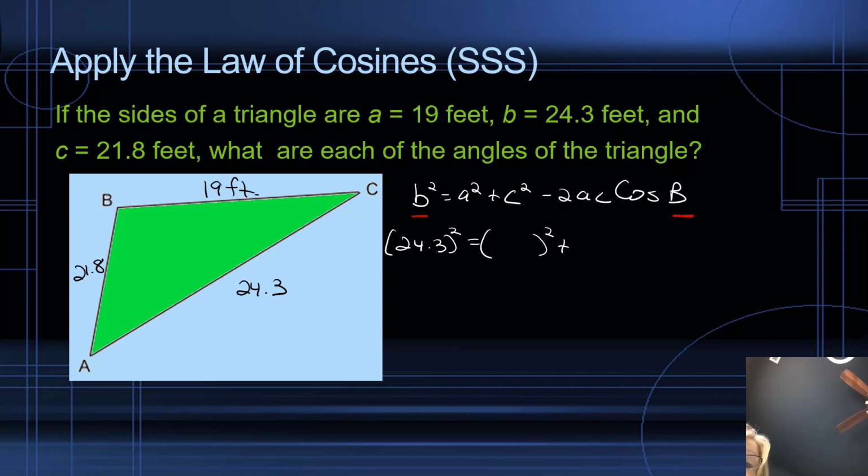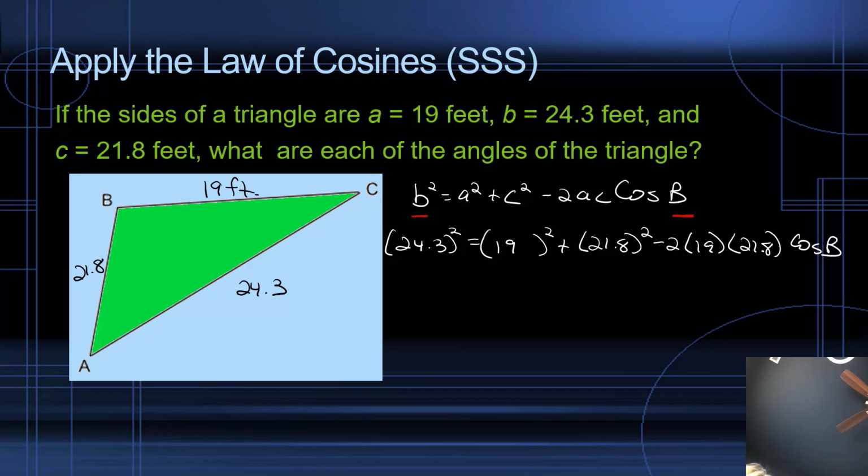A is 19 feet, and c is 21.8. Minus 2 times 19 times 21.8 cosine B. So we're going to do this one at a time.